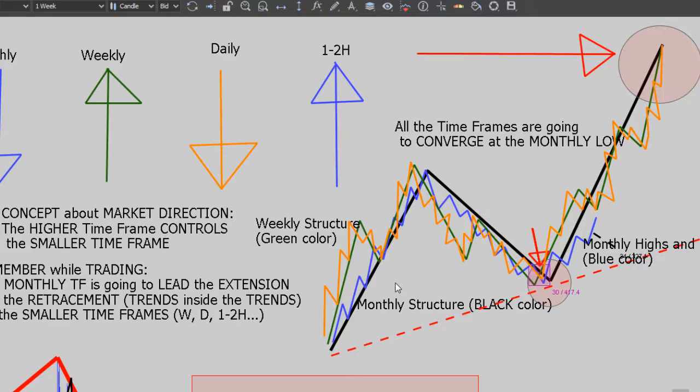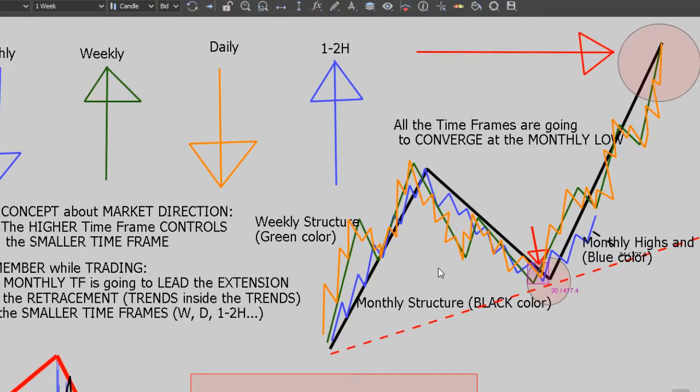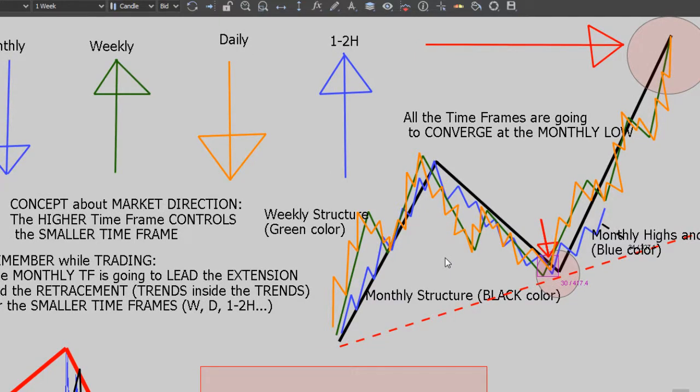You have structural uptrends and downtrends from the weekly, and I didn't even draw the highs and lows from the weekly. And this is why sometimes trading gets messy, right? And you are going to have even more structural uptrends and downtrends from the daily. Why is that? Well, because the lower the time frame, the more the waves, right?